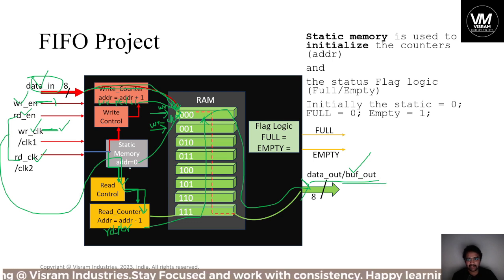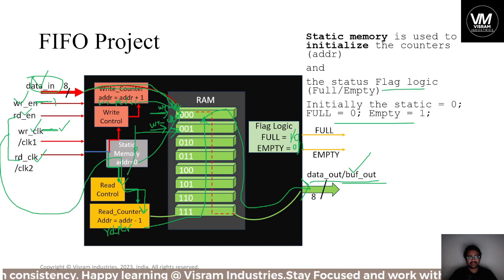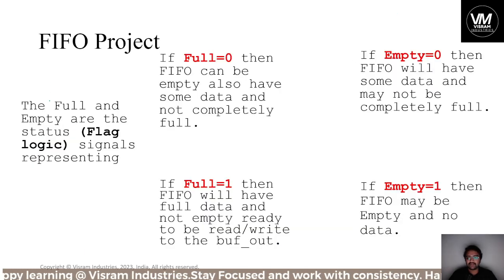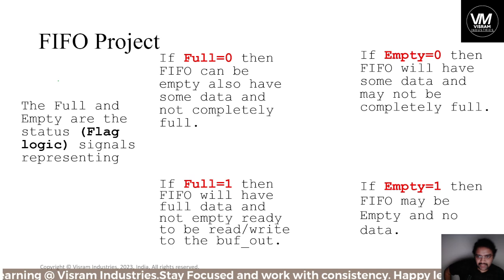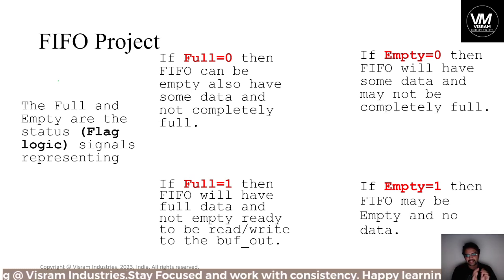Meanwhile the static memory will check the conditions between this counter and the memory, and it will say okay, full is 1 or 0 and empty is 0 or 1. So you will decide on it. Then that is what static memory is used for. Static memory is used to initialize the counters. That's it.